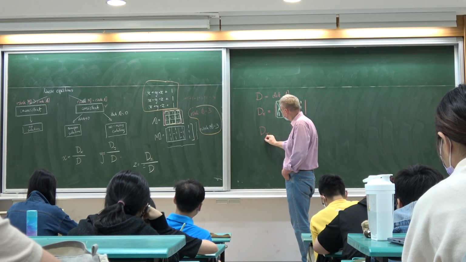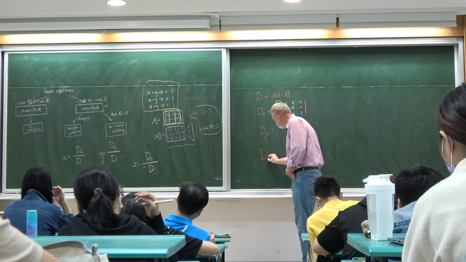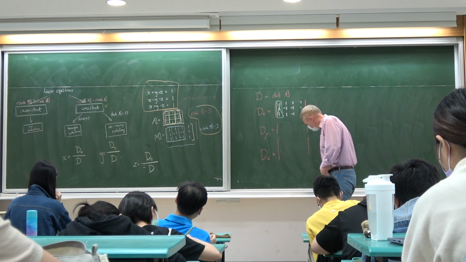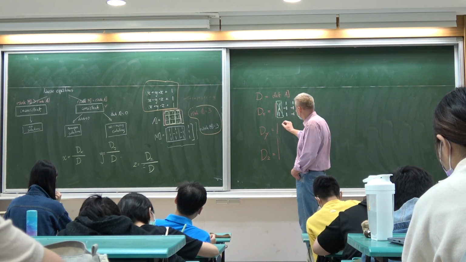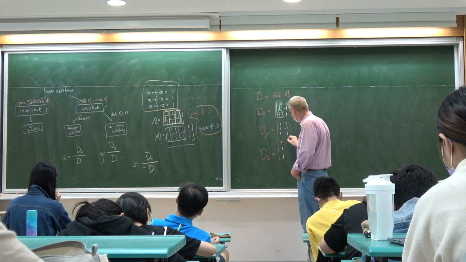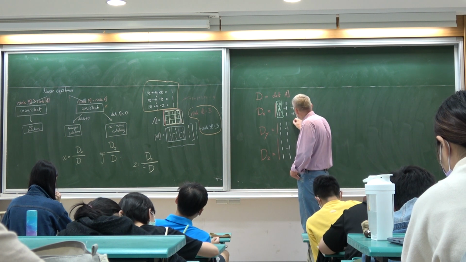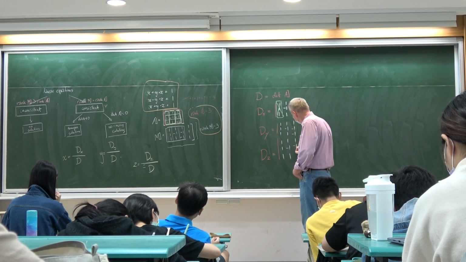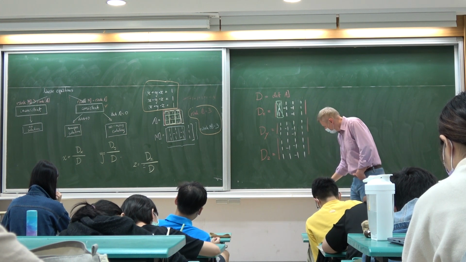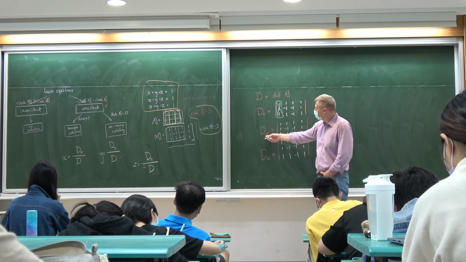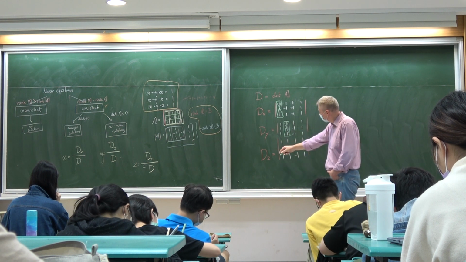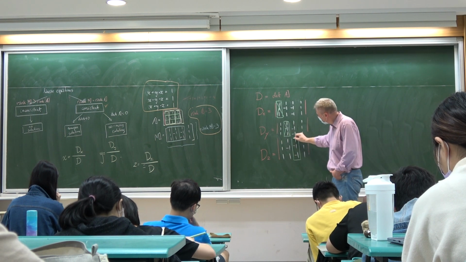Dy and Dz again are the determinants of the matrix M, where the column corresponding to Y is removed, and this, where the column corresponding to Z is removed.